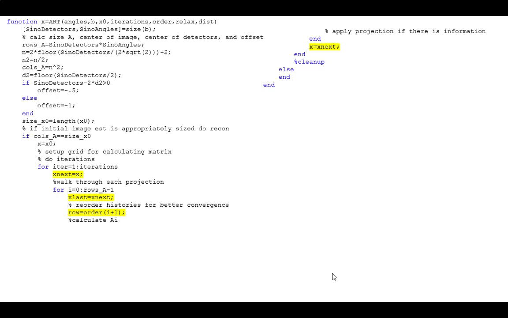The I plus 1 is obviously just my for loop number. Why is this row? How does this reshuffle and reorder stuff? Well, if you didn't pull it from the order vector, it would just go in order sequentially, but now you can use whatever numbers are in your order. So I is really what would be the normal ordering.